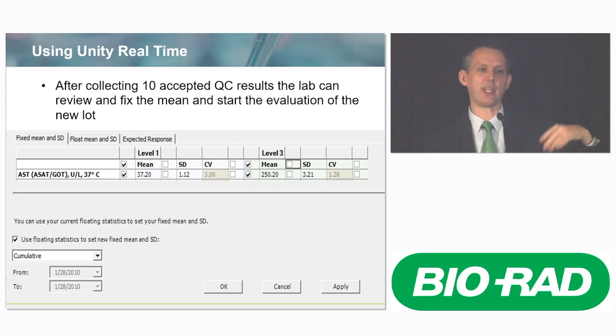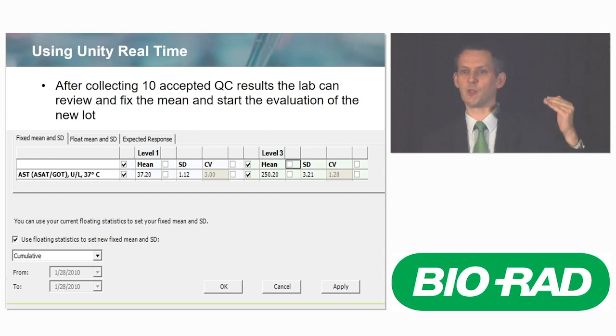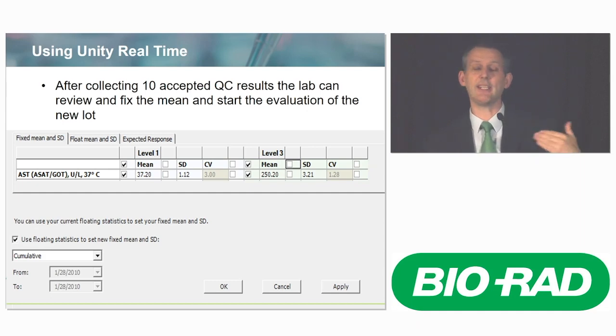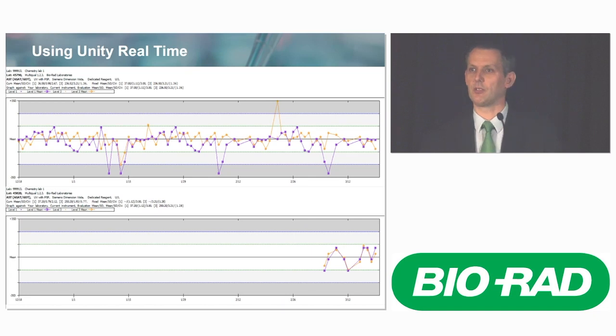Don't just randomly chase it and change it every month. Make sure you see if there's something going on, yes or no. You can use, again, peer groups as a comparison, or you can evaluate if you have multiple instruments. Is it just one that is moving up, or are all of them moving up? What's going on? But it is important to evaluate that, because it is possible that with some changes or some reagent lots or things like that, sometimes we might need to adjust that target a little bit.